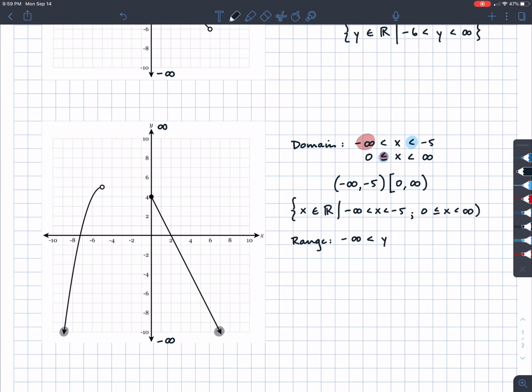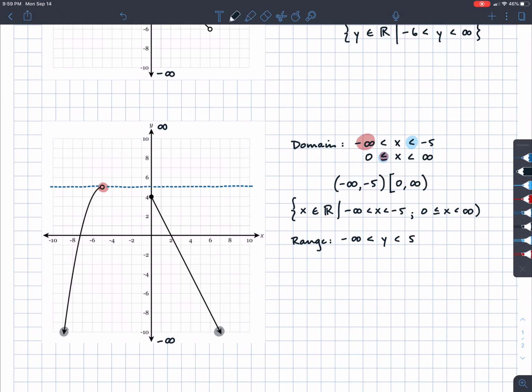Remember that it's range, so I need my y value. And then I'm going to look at my highest y value. And right now, this looks like it is at positive 5. But I need to notice that at this point, positive 5, that's an open circle. So that point is not included. So I need a less than sign.